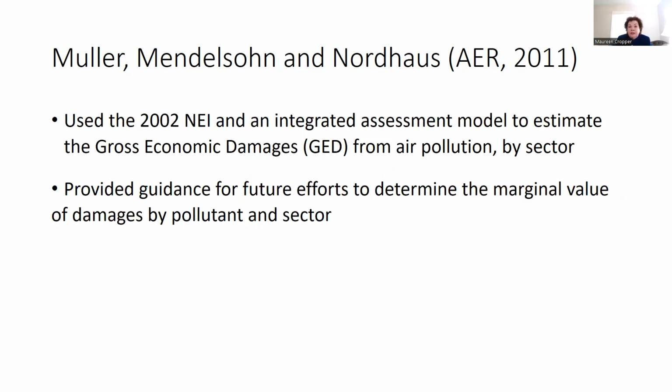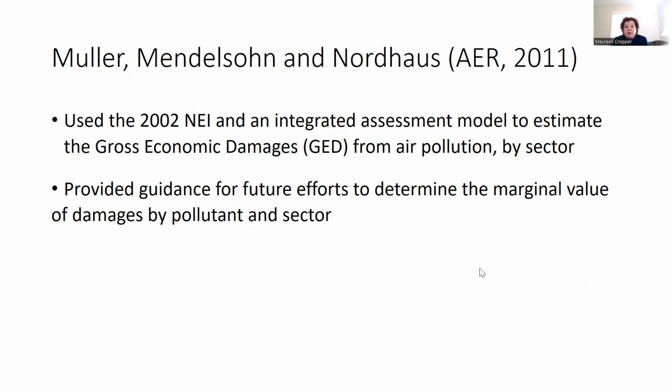What they did was to take the 2002 National Emissions Inventory and an integrated assessment model to estimate what they called gross economic damages from air pollution by sector. You will see their results.